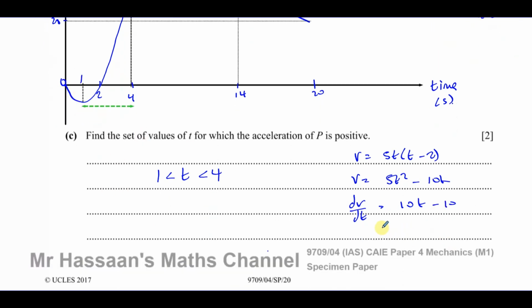So 10t minus 10 is equal to 0, so 10t is equal to 10, therefore t equals 1. That's where the acceleration is 0. That's the minimum point here.